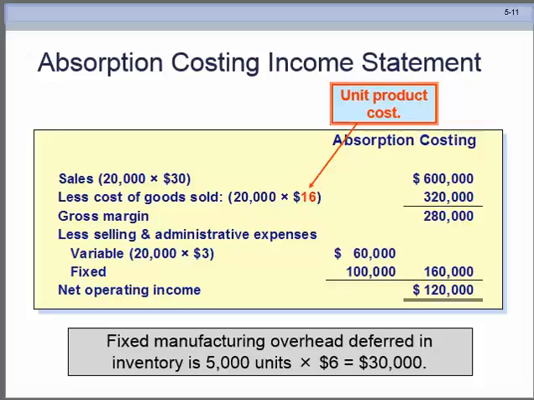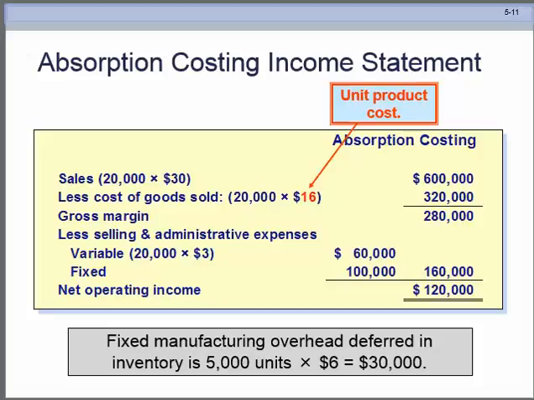Now, since we are including the fixed overhead into the computation to get to our gross margin, we have a cost of goods sold of $16 times 20,000, or $320,000. Our gross margin is now $280,000. And now we look at the selling and administrative that needs to be covered, and we have $160,000.